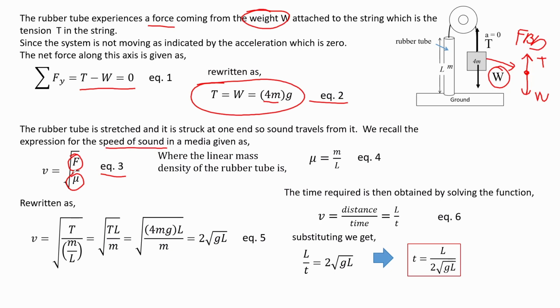The linear mass density is simply the mass of the rubber tube divided by the length of the rubber tube, which we can get because they are given, so it's just mass over length. Substituting this here, we get the expression for the speed of sound in the rubber tube.